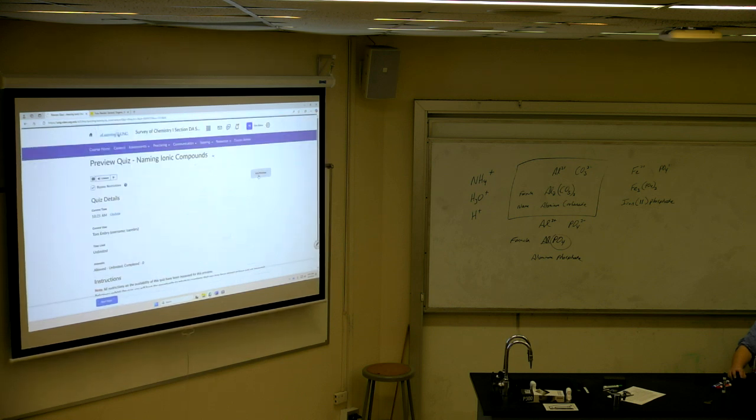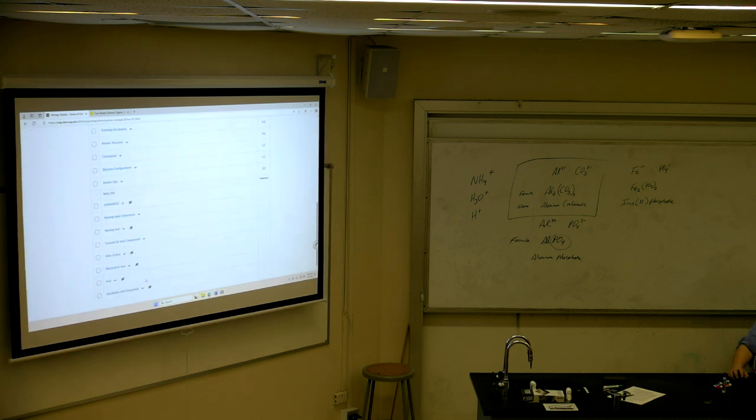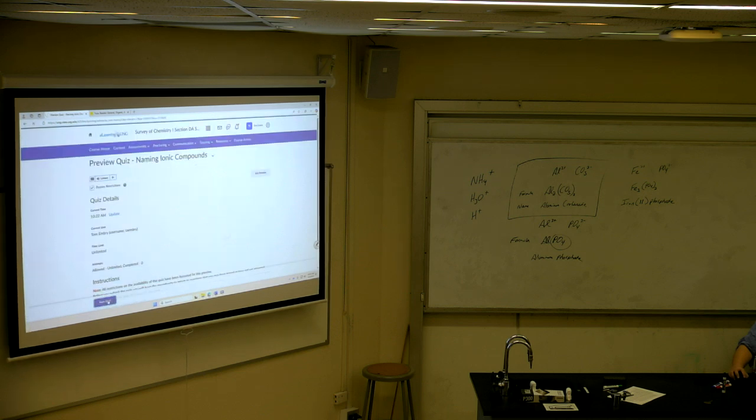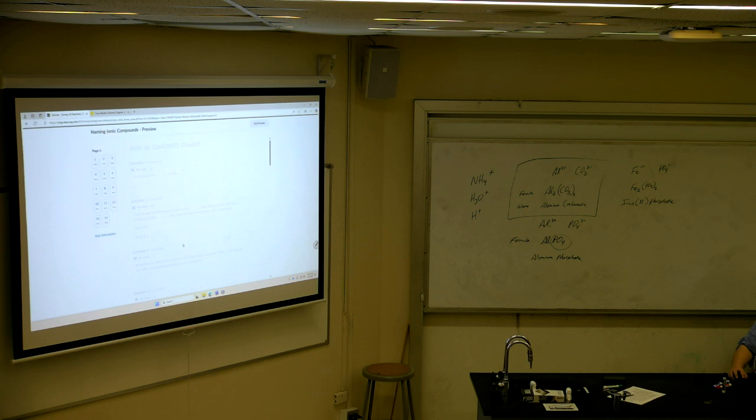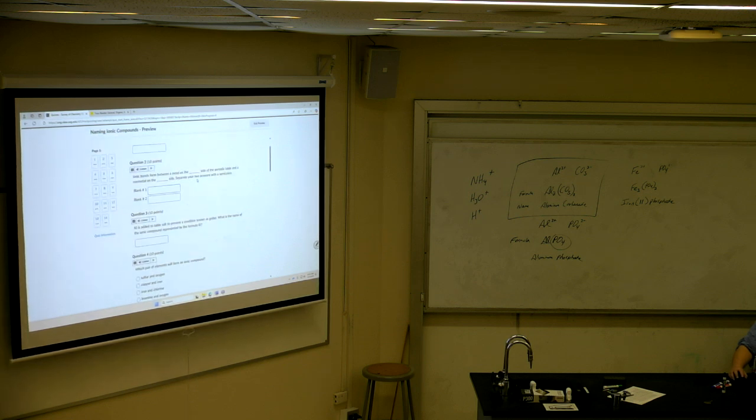Maybe I should delete those, but I intend to get to that eventually. So I guess don't worry about that one. This is just saying ionic bond between the metal on the left side, that'll count correct.